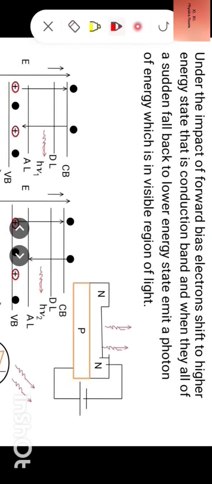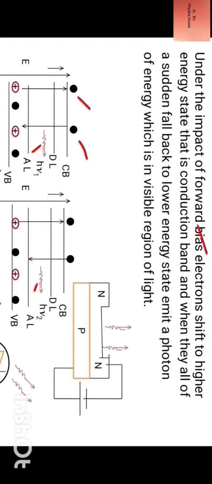Under the impact of forward bias, electrons shift to a higher energy state, that is the conduction band, and when all of a sudden they fall back to a lower energy state, they emit a photon of energy which is in the visible region of light, as shown in the diagrams.